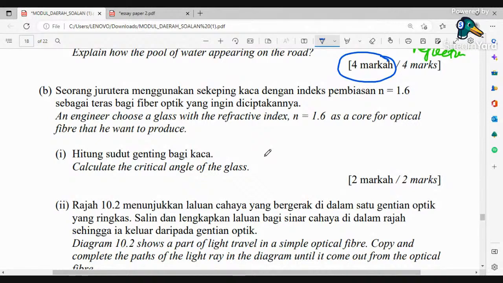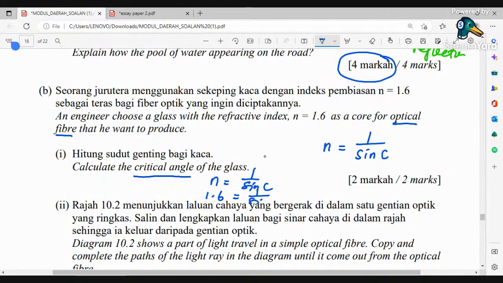Okay, part B. An engineer chose a glass with refractive index n equals 1.6 as a core for the optical fiber that he wants to produce. Calculate the critical angle of the glass. You can check the list of formulae if there is any formula that can be used. Given is the refractive index, so we have one formula that relates the refractive index and critical angle: n equals 1 over sine C. So you just use this formula to calculate. n is 1.6, so sine C equals 1 over 1.6.